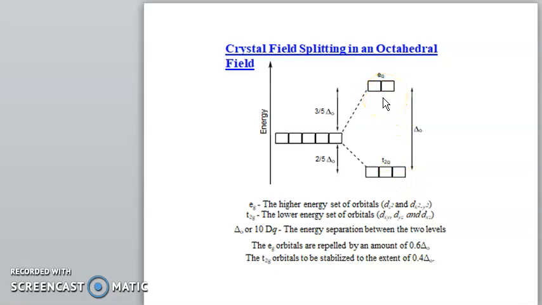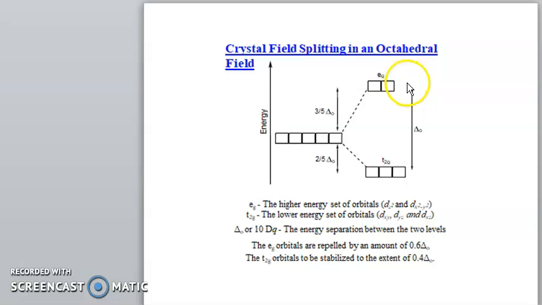So we will now see the octahedral field splitting. EG refers to the higher energy set of orbitals, that is dz square and dx square minus y square. T2G refers to the lower energy set of orbitals, dxy, dyz and dxz.